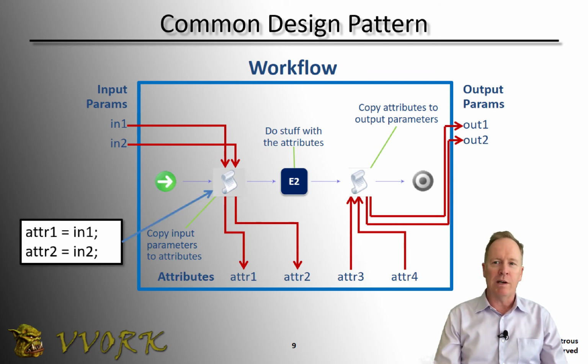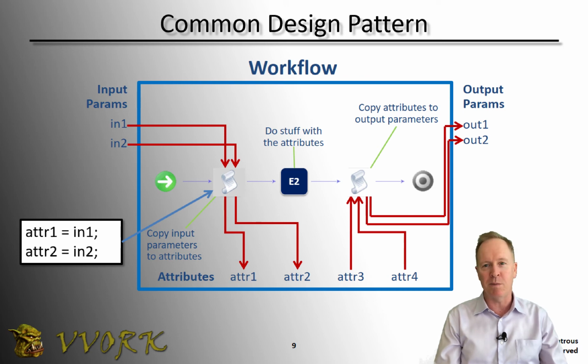And in those scriptable tasks, you're going to add some simple code. So for instance, if you want to copy your input parameters to attributes, you just say attribute variable name equals input variable name. For instance, attr1 = in1; would copy input parameter 1 into attribute 1. And you can do that with input parameter 2 and 3 and 4.